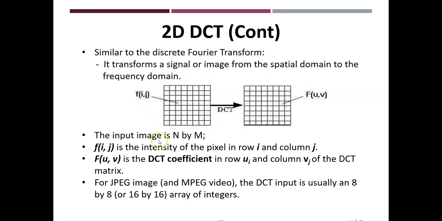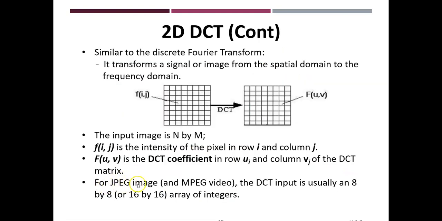The input image is n by m, where f(i,j) is the intensity of the pixel in row i and column j in the spatial domain, and F(u,v) is the DCT coefficient in row u and column v of the DCT matrix.